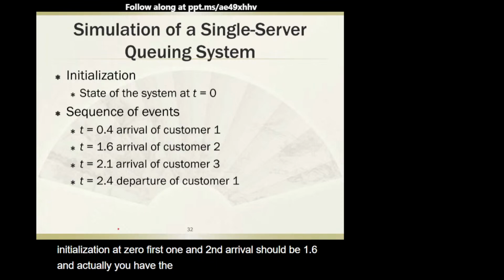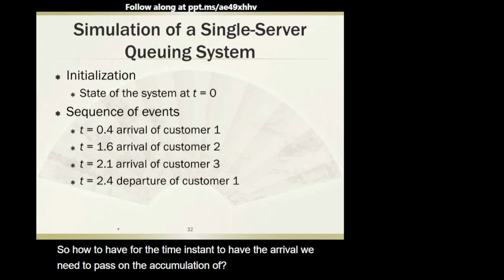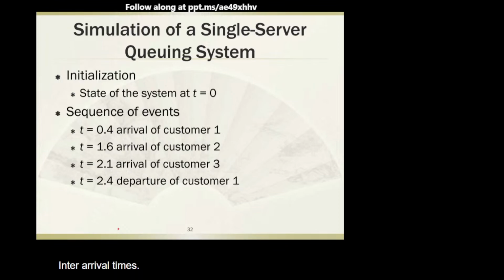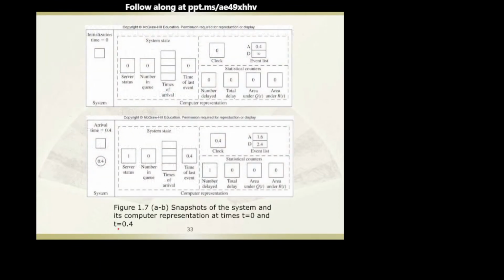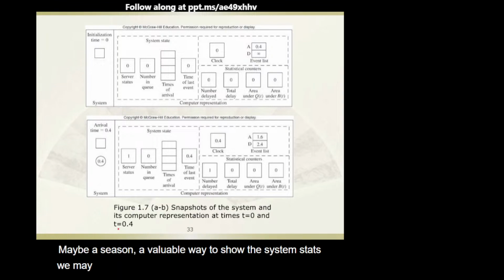So we have inter-arrival. So how do we get the time instant of the arrival? We need to pass on the accumulation of inter-arrival times. And if we have a visible way to show the system state, we may have these. Initial time, 0, so we check 0. And we prepare server status, number in queue, and times of arrivals.